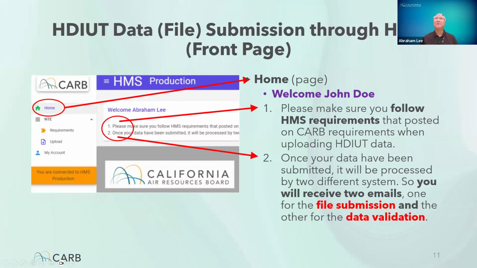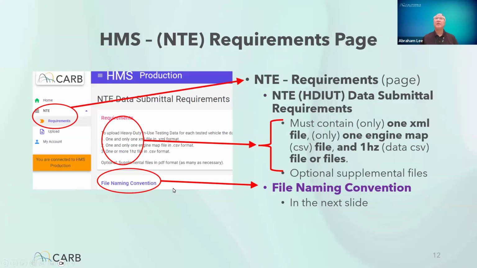Next slide, please. Then you click on requirements on the left-hand side, and you will end up on this page. Basically, this page shows the requirements for two things. One is the number of data files you need to submit, and the other is the file naming convention.